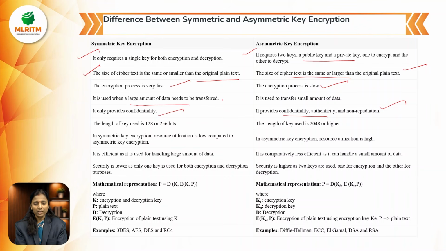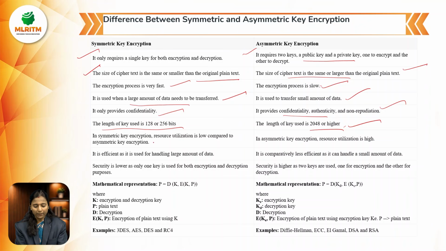It is used for a small amount of data. Then the length of the key must be between 128 or 256 bits. But while coming to the asymmetric key, the key used is 2048 or higher.